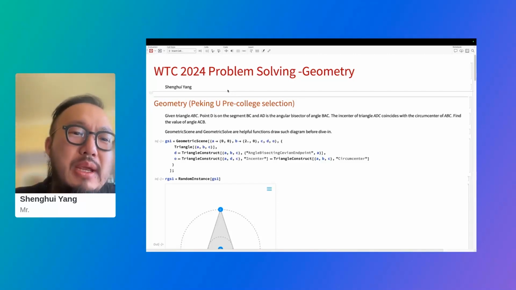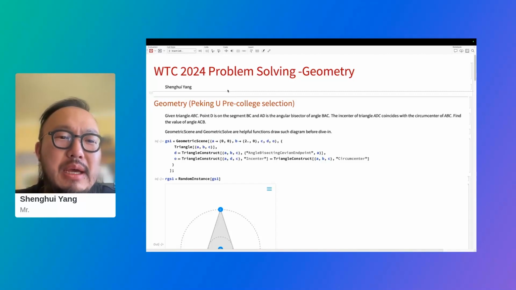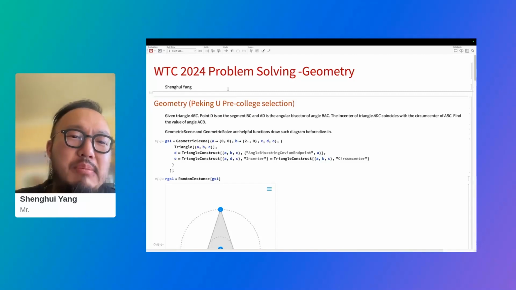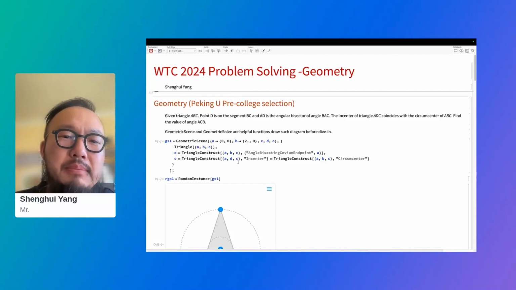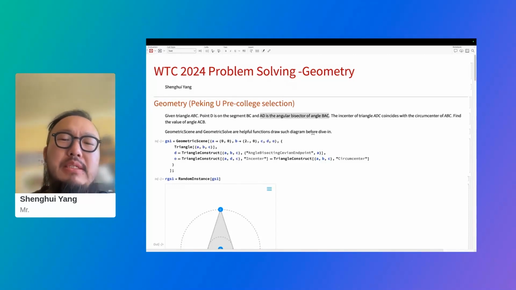Given a triangle ABC and point D on the segment BC. Say you put a triangle ABC, draw 3 points, and D is a point on BC, and AD is the angular bisector of angle BAC.